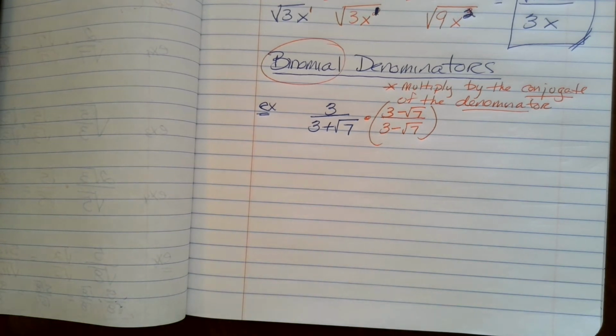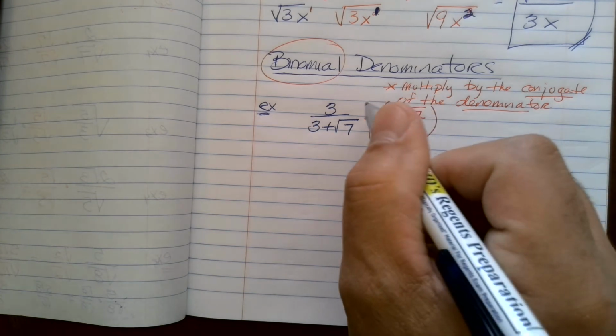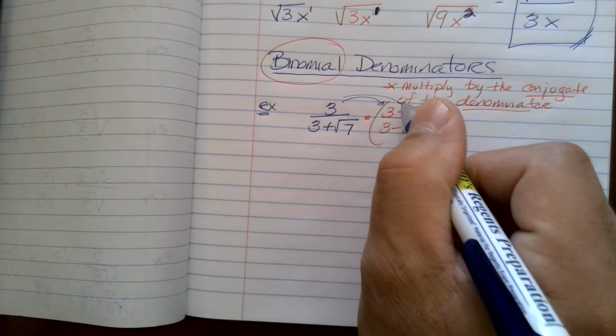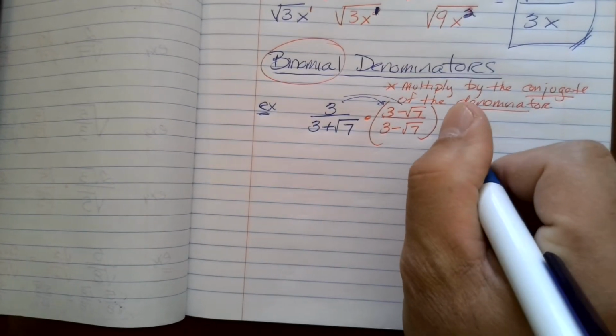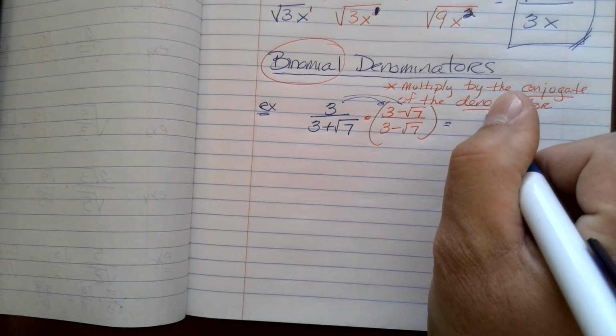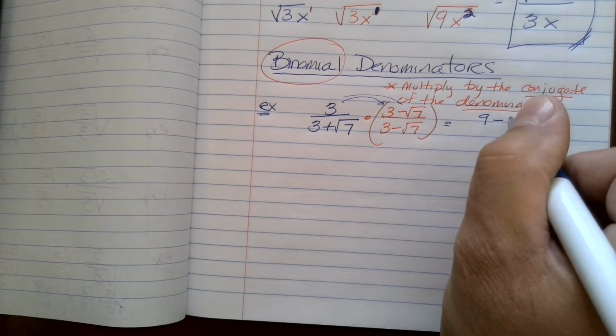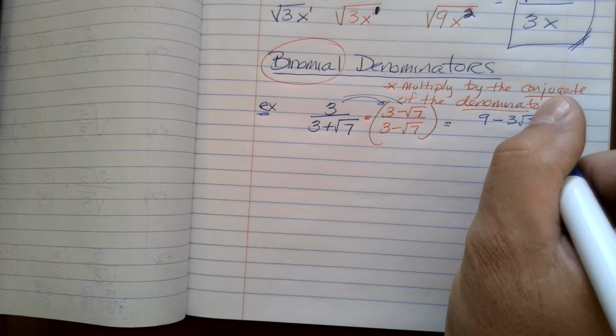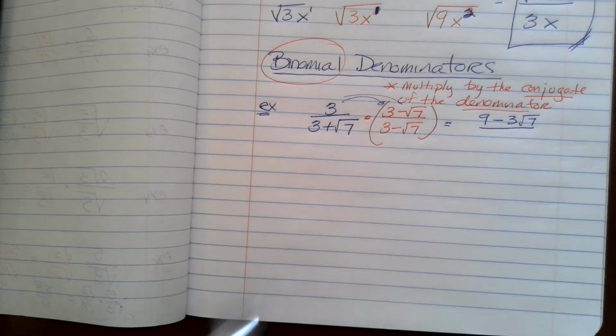So it doesn't change the value of the fraction. All it does is create an equivalent fraction. So we could do this multiplication. We could distribute up top. This would be 3 times 3 is 9, minus 3 times radical 7.